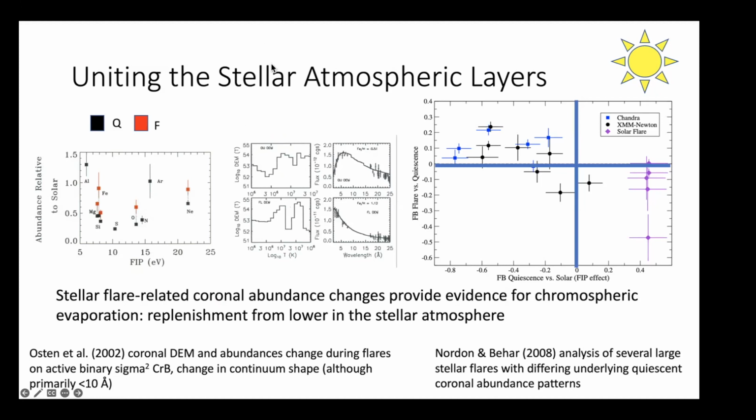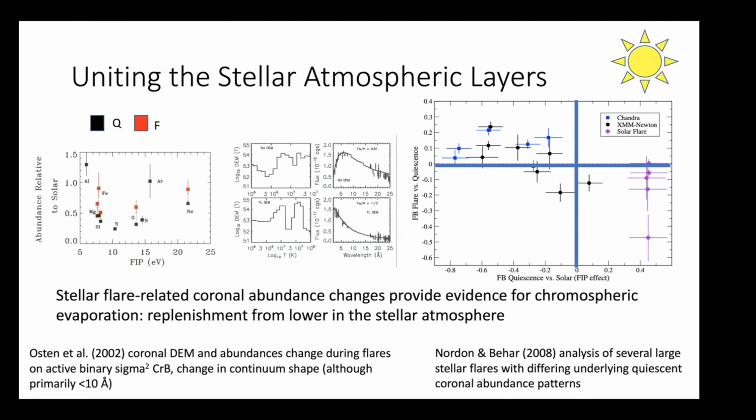Okay. Another way to unite the stellar atmospheric layers is looking at what is happening during the flares, where you're seeing coronal abundance changes. That provides evidence for chromospheric evaporation, where you're seeing the inference of replenishment from lower in the stellar atmosphere. The two plots on the left are from a paper looking at an active binary composed of two solar-like stars.